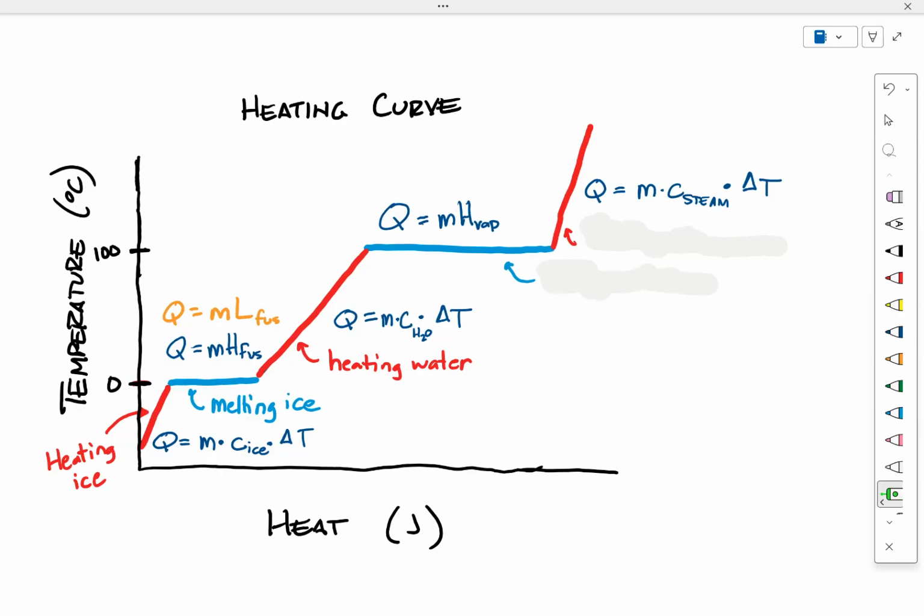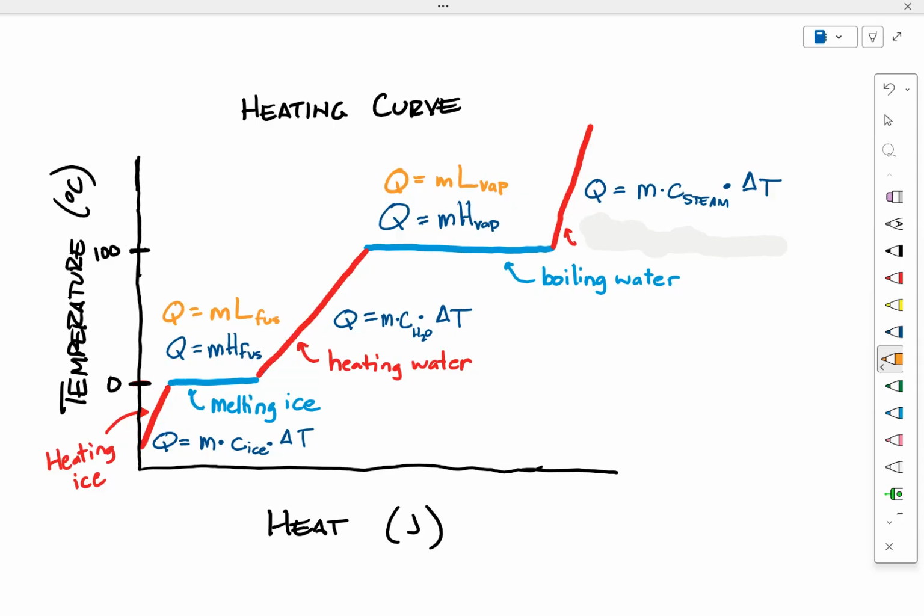Once we reach 100 degrees Celsius, at that point where all of the water has been heated, now we're boiling the water, or vaporization. And again, you'll see that equation written as Q equals M times L in some textbooks, L vap for the latent heat of vaporization. Or we'll be using an equation that says Q equals M times H vaporization, the heat of vaporization.